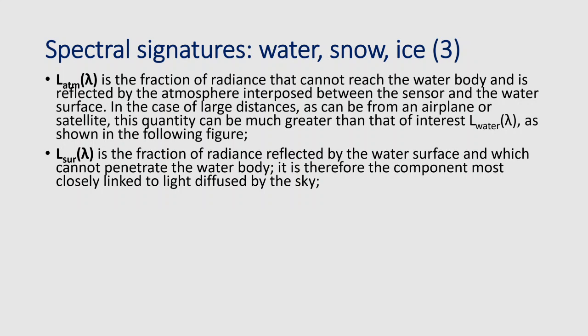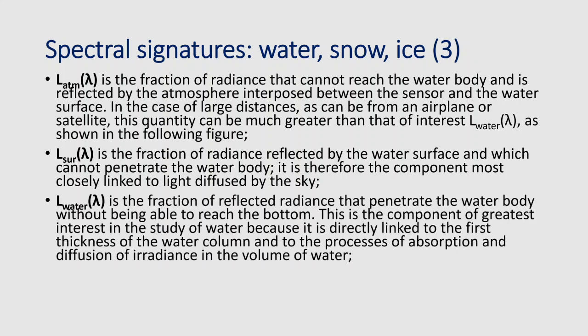So the fraction of radiance that is coming from the surface, in this case, is related to the reflection of the color of the sky over the water surface. So you see that in real cases, this L SIR, that is what is coming from the surface, is very important.